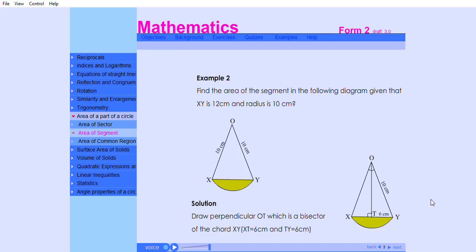Example 2. Find the area of the segment in the following diagram given that XY is 12 centimeters and the radius is 10 centimeters. Solution. The perpendicular OT bisects the chord XY. XT is equal to 6 centimeters and TY is equal to 6 centimeters.